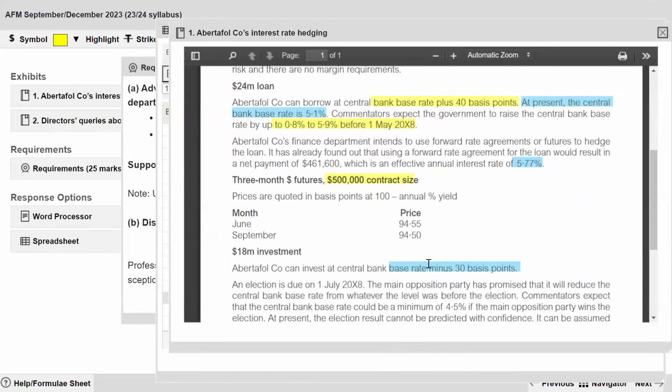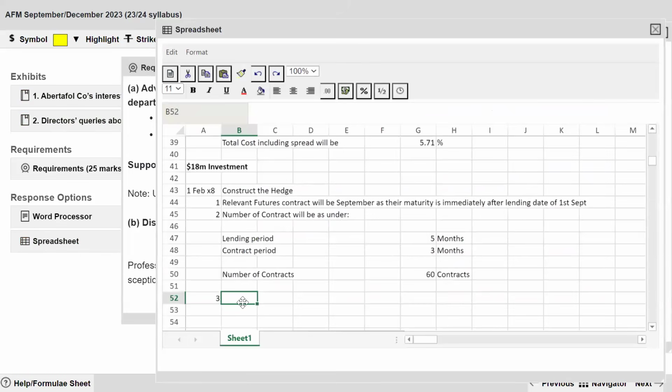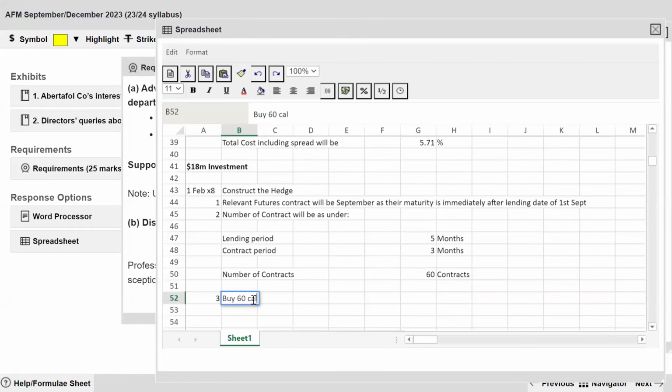We need to buy 60 call options on the September future contracts.